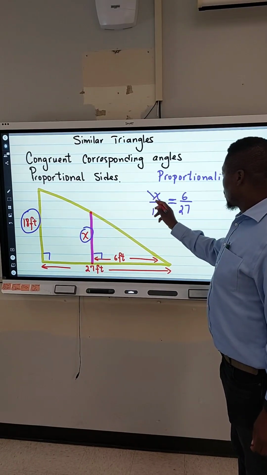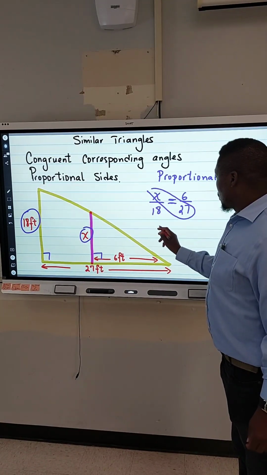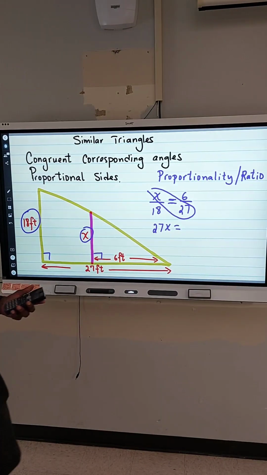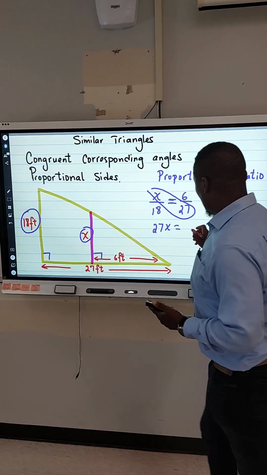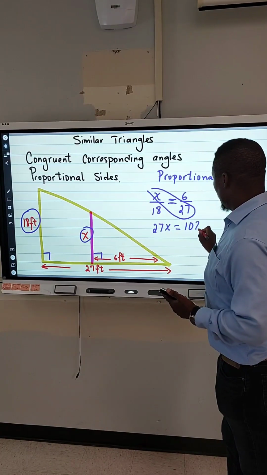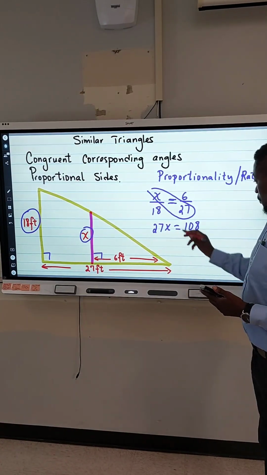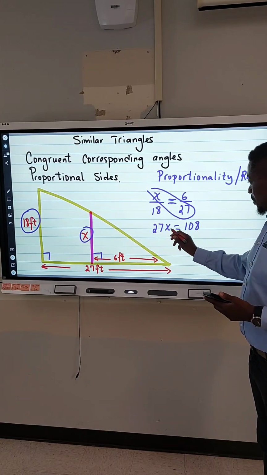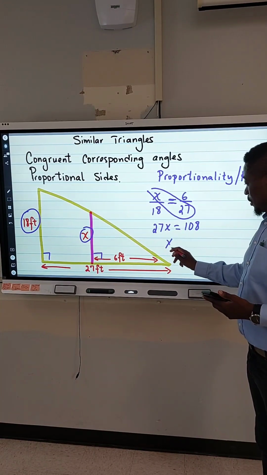We multiply x by 27 to get 27x equals, we multiply 18 by 6 to get 108. Now, to find what number we multiply by 27 to get 108, we divide 108 by 27.